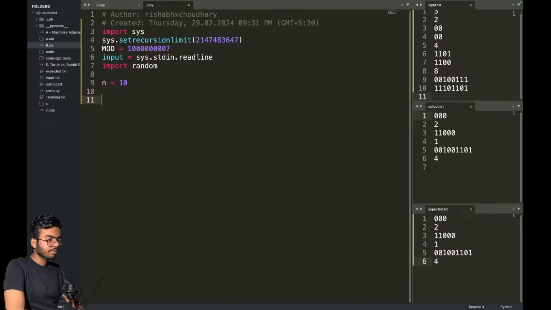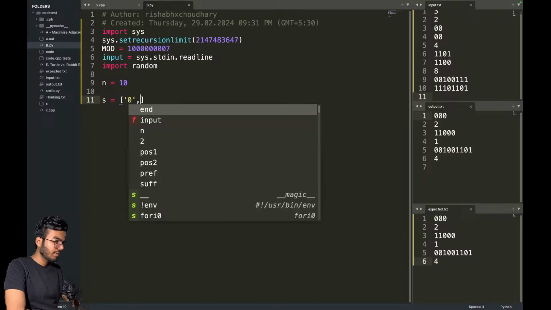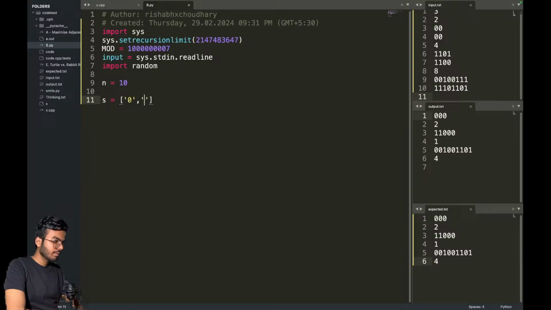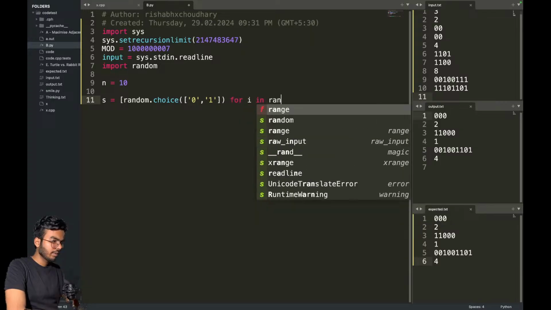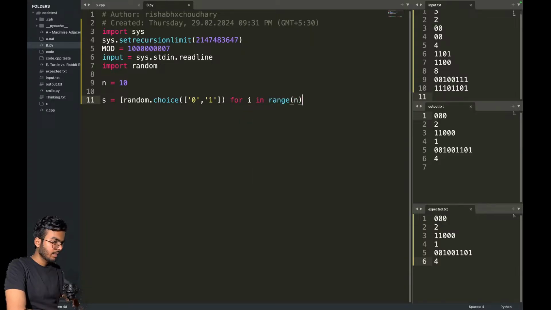Now s is equal to, we have either a 0 or a 1. So let's say random dot choice 0 dot 1 for i in range n, and let's copy this whole thing.